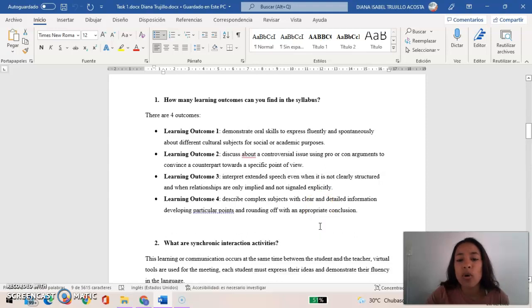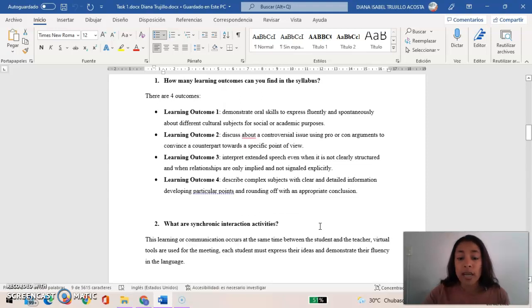How many learning outcomes can you find in the syllabus? First, demonstrate oral skills to express fluently and spontaneously about different cultural subjects for social or academic purposes. Second, discuss a controversial issue using pro or con arguments to convince a counterpart towards a specific point of view.